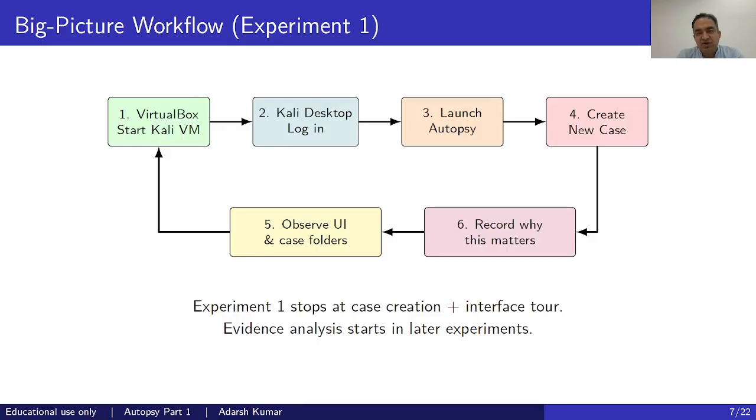And finally we record why this process matters. Please note that experiment 1 deliberately stops at case creation and interface understanding. We are not yet analyzing malware, deleted files, or full evidence images. Those deeper skills begin in later experiments, after this foundation is strong.